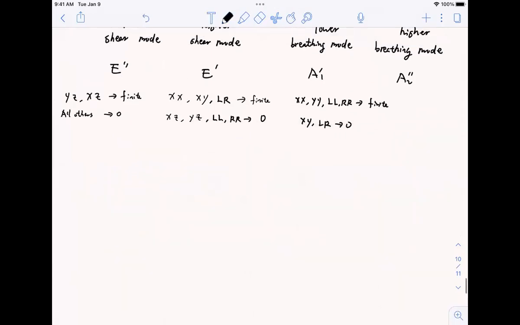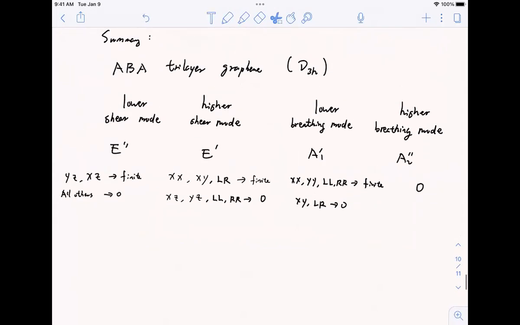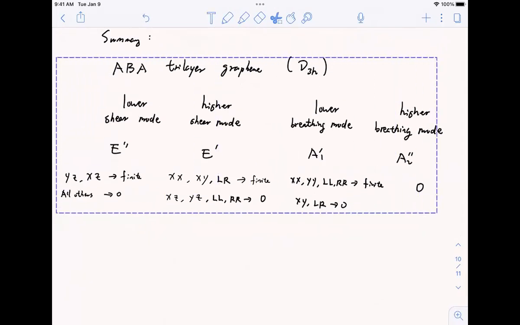And then this one will be Raman inactive, 0 for all of them. Okay, so this is 1.